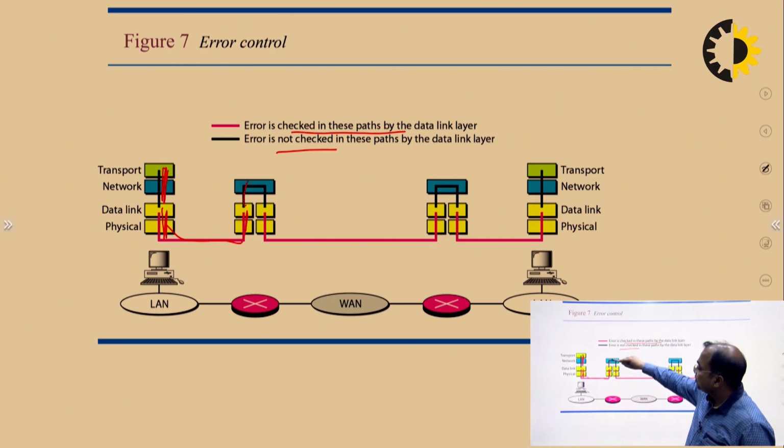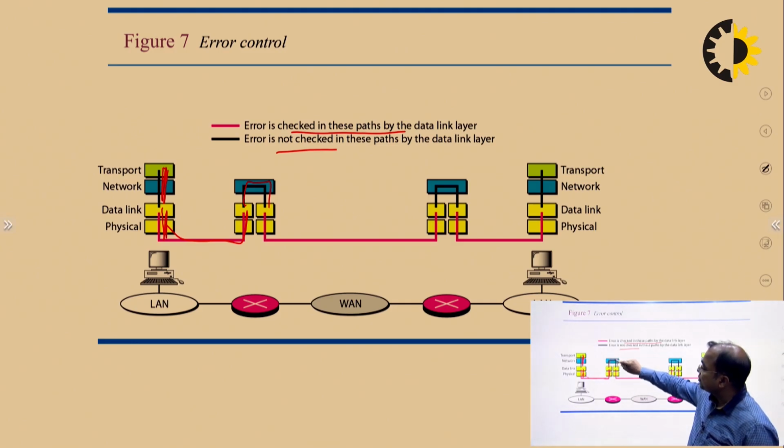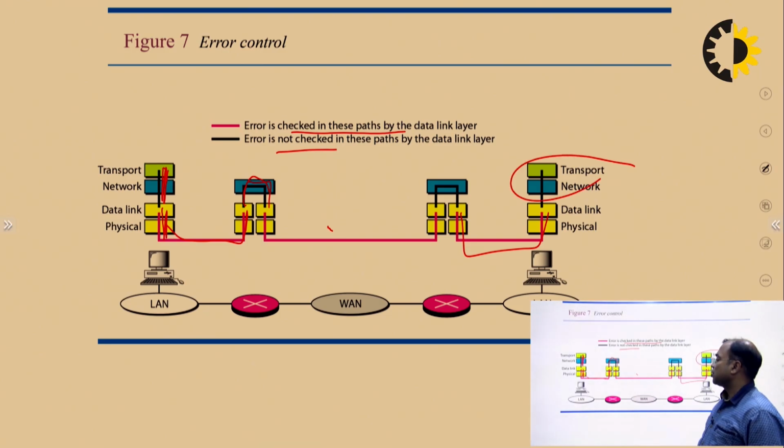Again, from data link to physical, it is checked. But in the transport and network layers, the error is not checked. This is how we control errors in our lowest layers, the data link layer and physical layer. The transport layer is not responsible for error checking here, so that is why it is shown in black.